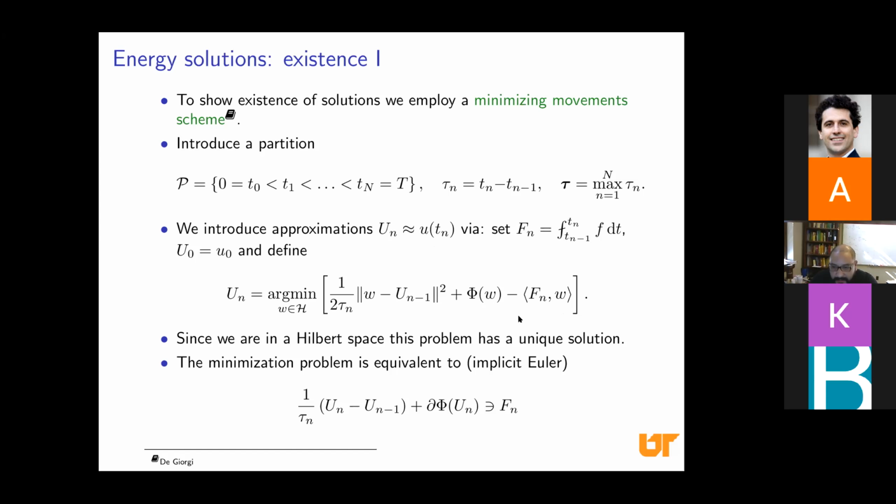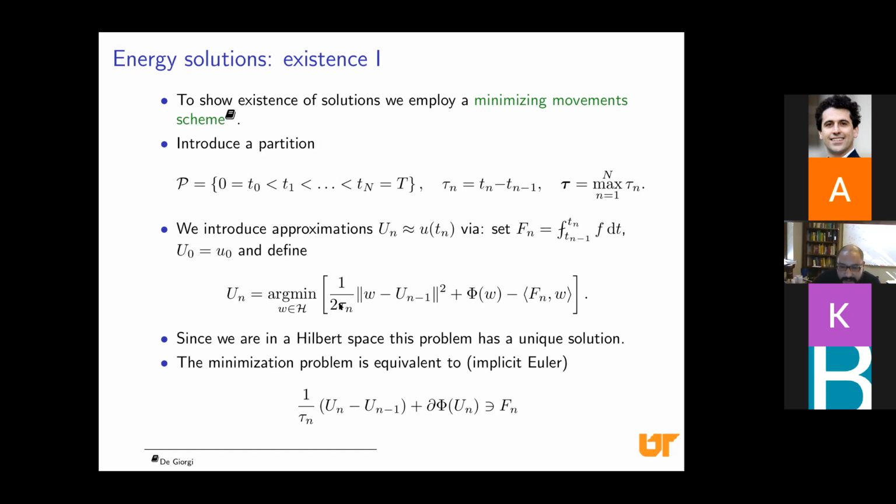My energy was only assumed to be convex, but because I am in a Hilbert space and I'm adding the square of the norm, that's a strictly convex and coercive term. So this problem is going to have a unique solution. That unique solution is what I'm going to call U^n, my approximation of the solution at time t_n.